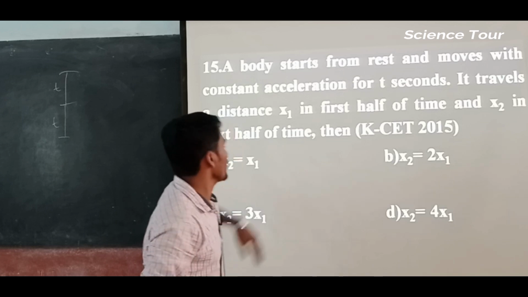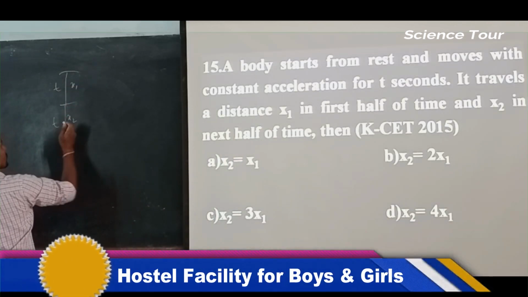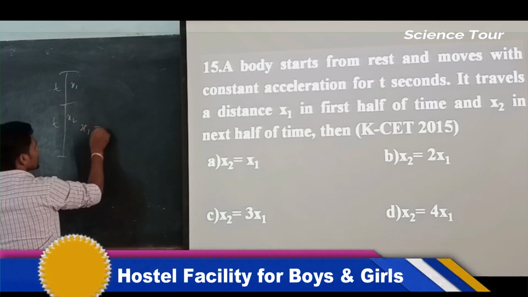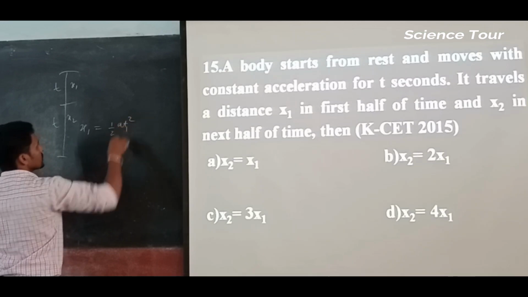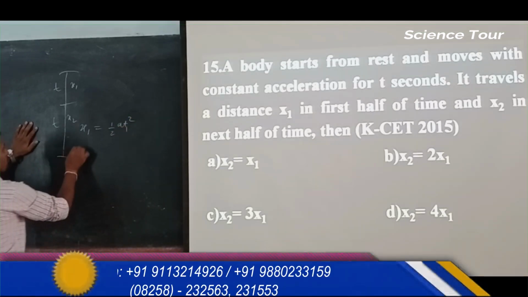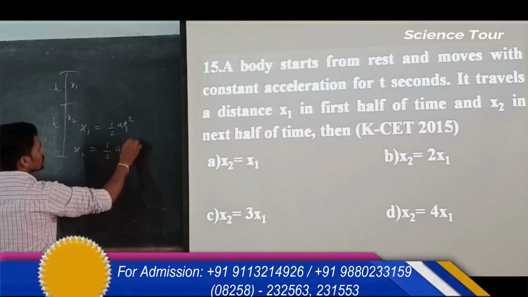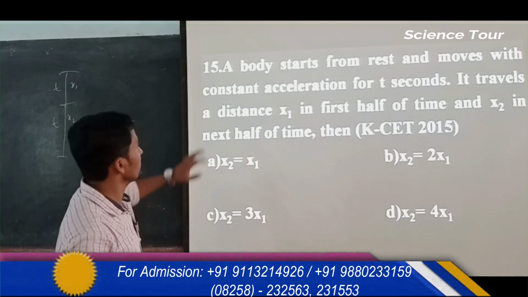Then what do you have to find out? This is x1, this is x2. x1 means half a t square, and x2 means half a t square. Now what do you have to find out?